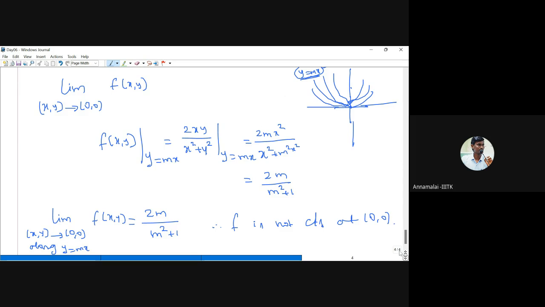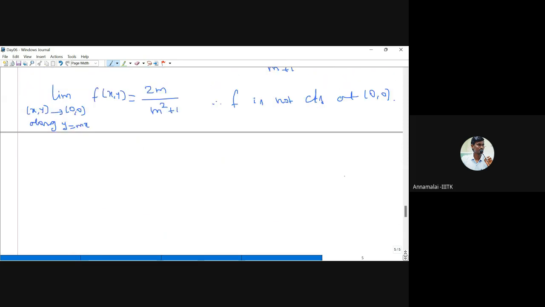Actually, there is a test. The test is called the two-path test for non-existence of a limit.